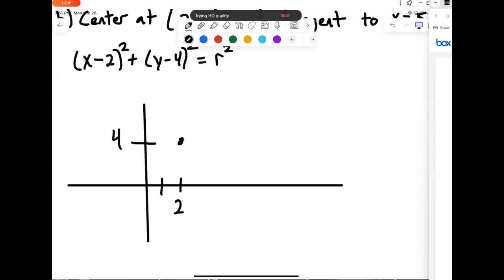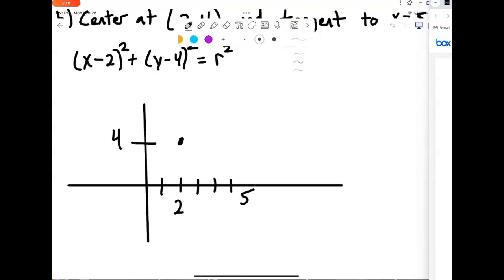And then we're told that it's tangent to the line x equals 5. x equals 5 is a vertical line, right? Vertical line passing through the point there. And so we're told our graph is tangent to that.